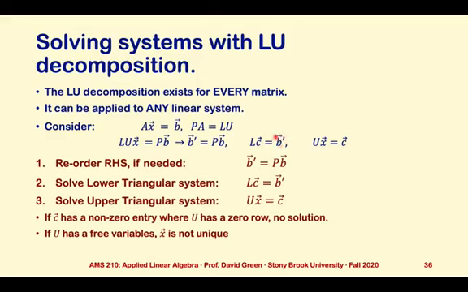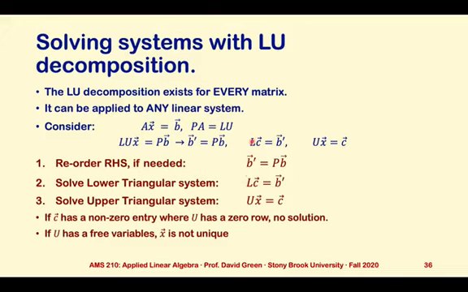Well, we know B prime, we know L. We can solve this lower triangular system, LC equals B prime. Because L is lower triangular, this is an easy and fast thing to solve. We'll see how in a moment. This will also always have a unique solution because L is non-singular.